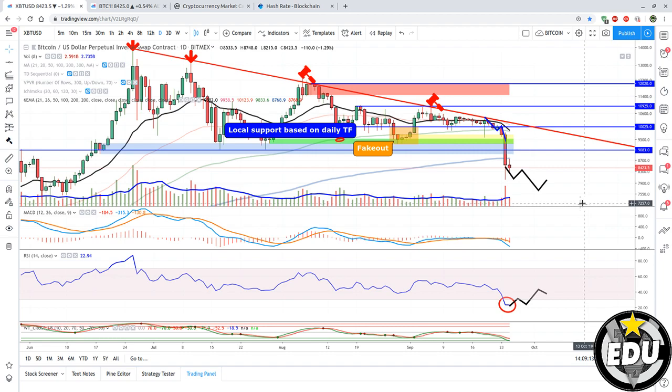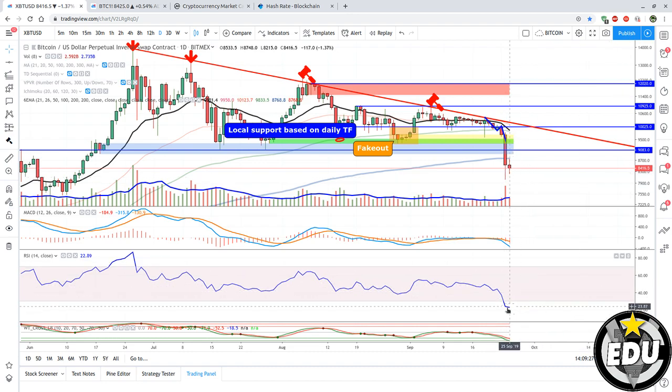So just because RSI is low is not a buy signal. But it's something that tells you to watch out because it's low. You need to see strength in RSI in order to buy, not just a drop.